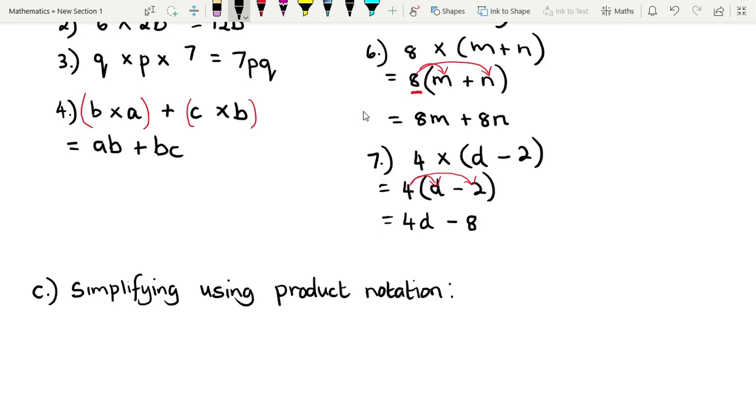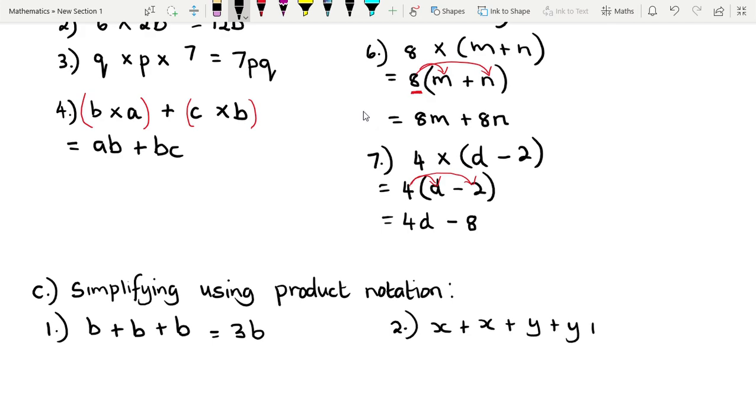So we've got a situation like this. Number 1, you're going to have b plus b plus b. Right, so that's going to be 3 lots of b, which would give you 3b. Number 2, we've got x plus x plus y plus y plus y plus 4.